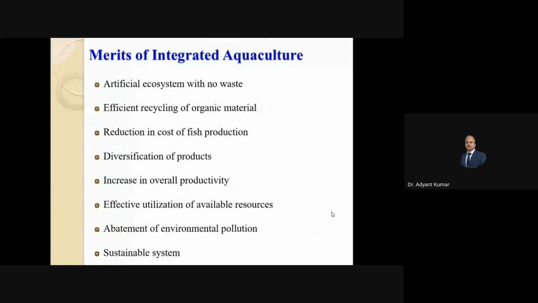What is the benefit of integrated fish farming or integrated aquaculture?